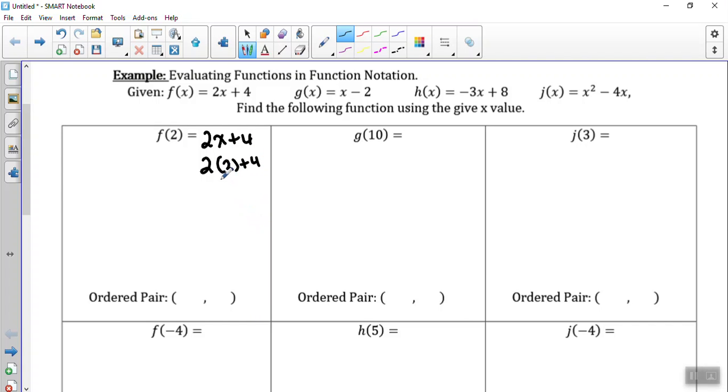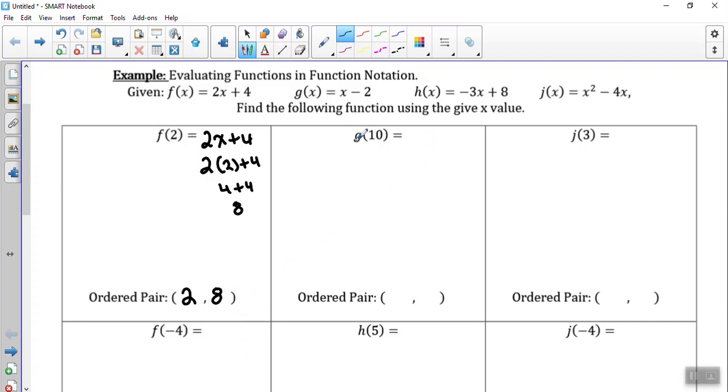Then I'm just going to evaluate it. 2 times 2 is 4, plus 4 is 8. So here my input, or my x value, is 2, and my y value is 8. Remember, for an ordered pair, you always write your x value first and then your y value second. So this is how I'm going to express my answer right here.